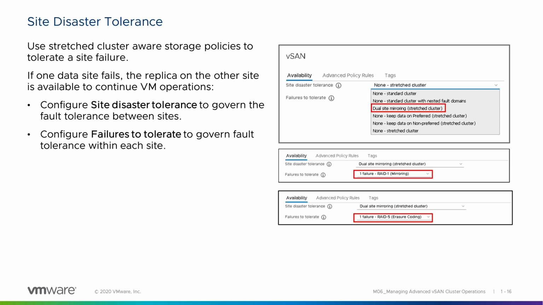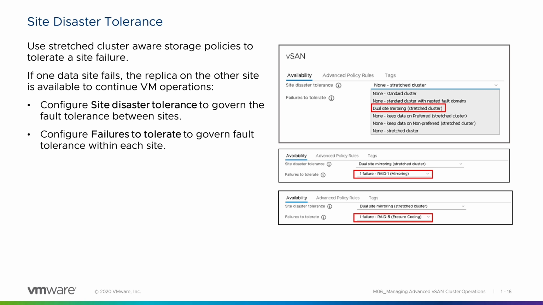Now that would require 7 servers altogether. I'm talking about 7. 3 in one data site, because you need sub-mirror, sub-mirror, witness. 3 on the other, sub-mirror, sub-mirror, and witness. And a 7th, which is going to be your witness host. That's what you're going to be doing in the lab.